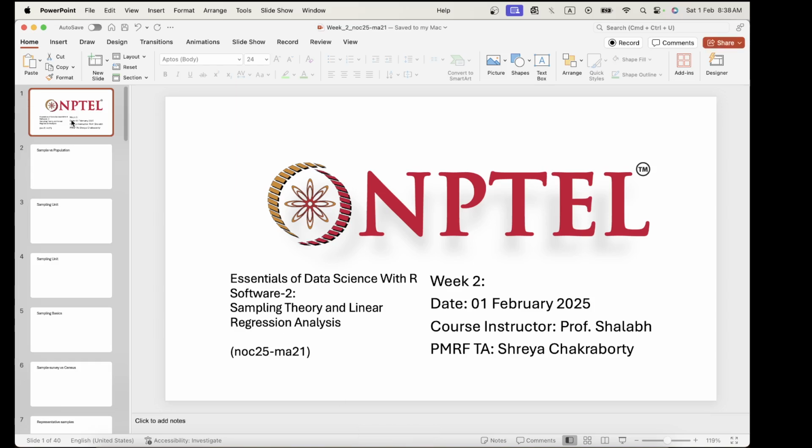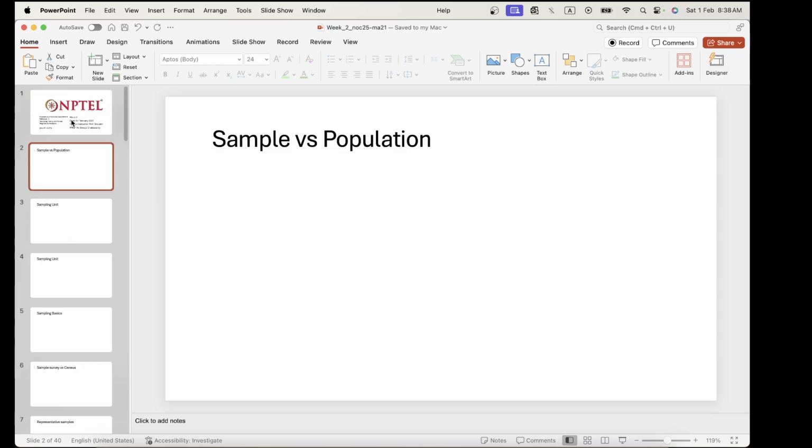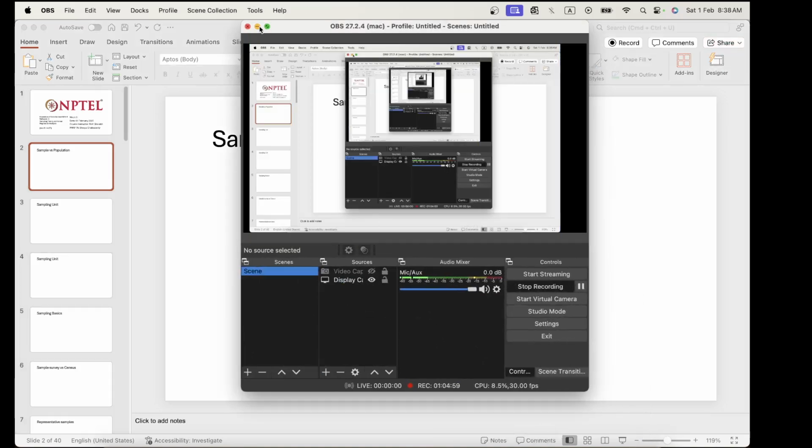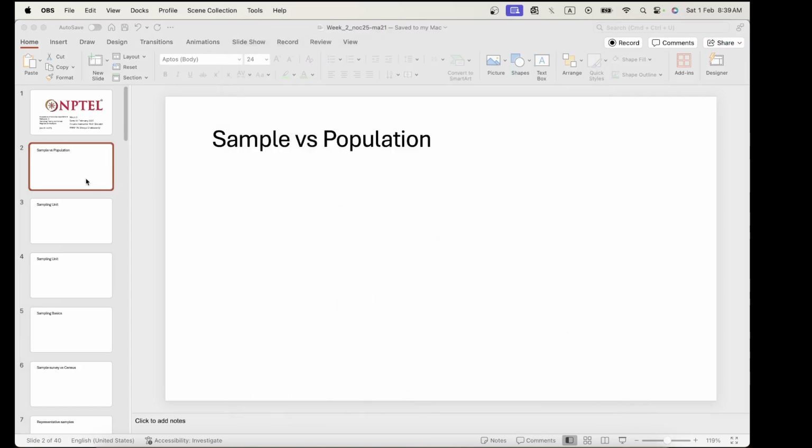Okay, so in week 2 we learnt about sample versus population, and why sampling is necessary, and what are the use cases.